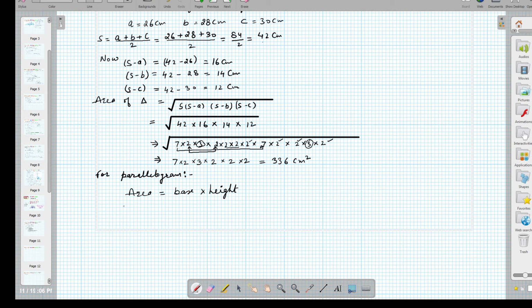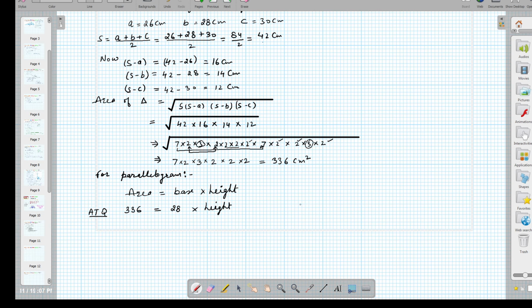So what we have: area of the parallelogram is equal to the area of the triangle. So हम यहाँ लिख सकते हैं area of parallelogram. ठीक है? As per the question, area is 336 centimeters squared, and that is equal to base into height. The base is given to us, that is 28 centimeters. We have to find out the height.